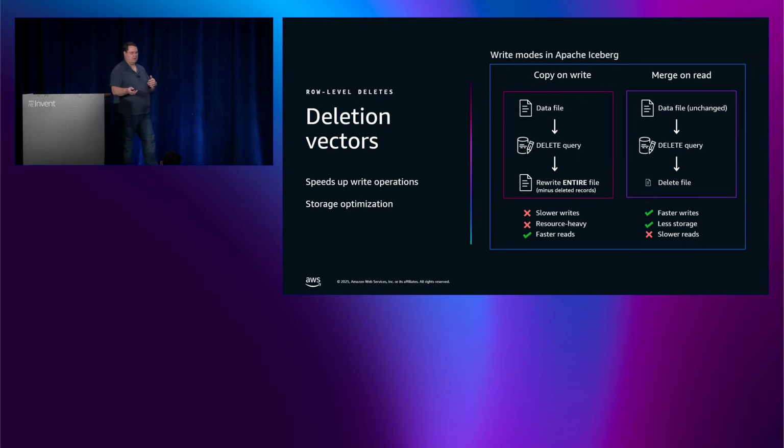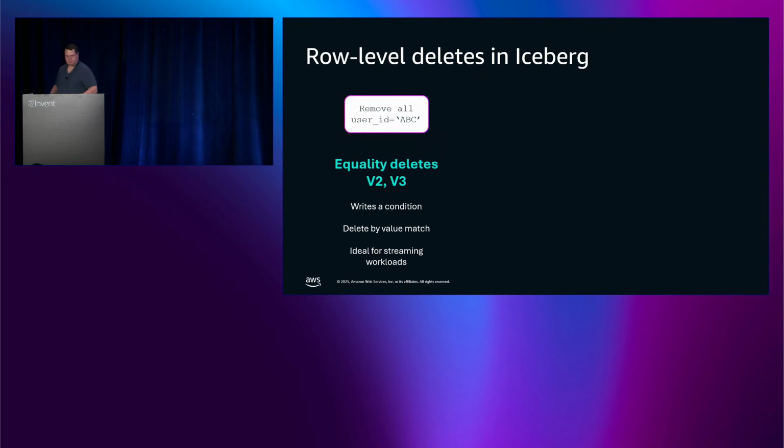Now I've got to join those delete files to my full data files to figure out what the filtered result set is to return. With copy on write, I've got a new file with 9 records in it. I just need to scan that entire set and not worry about putting it together with anything else. So that's copy on write and merge on read.